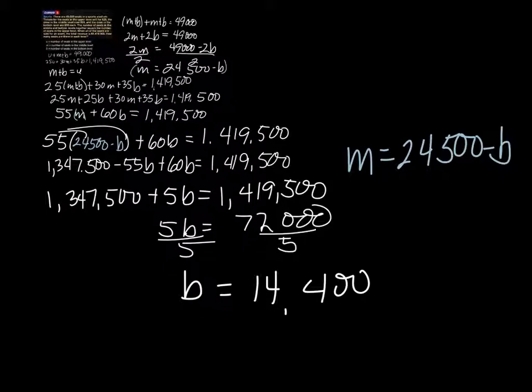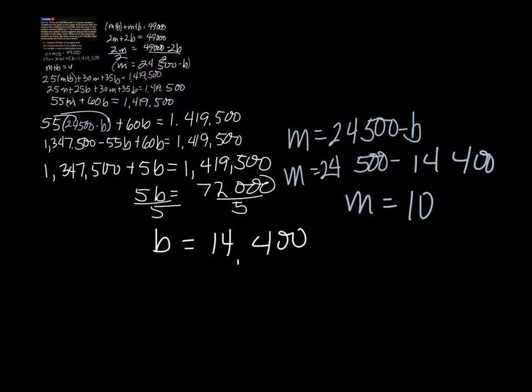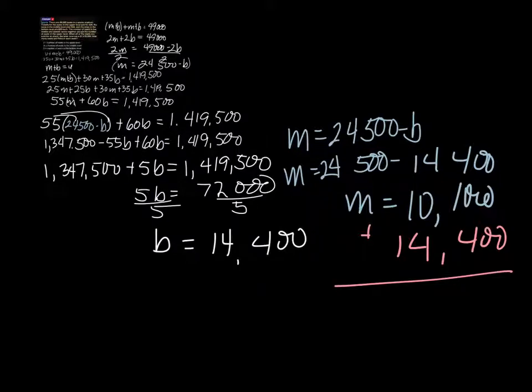So all we have to do to get m is take 24,500 minus 14,400. And we get the middle level having 10,100 seats. And all that's left is the upper level, which we know was the sum of the other two. So if we add 14,400 plus the 10,100, we're going to get 24,500 seats.